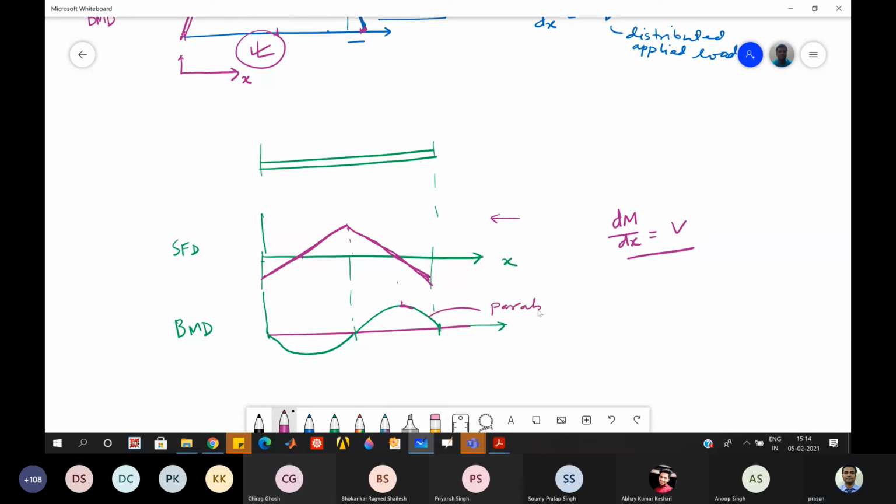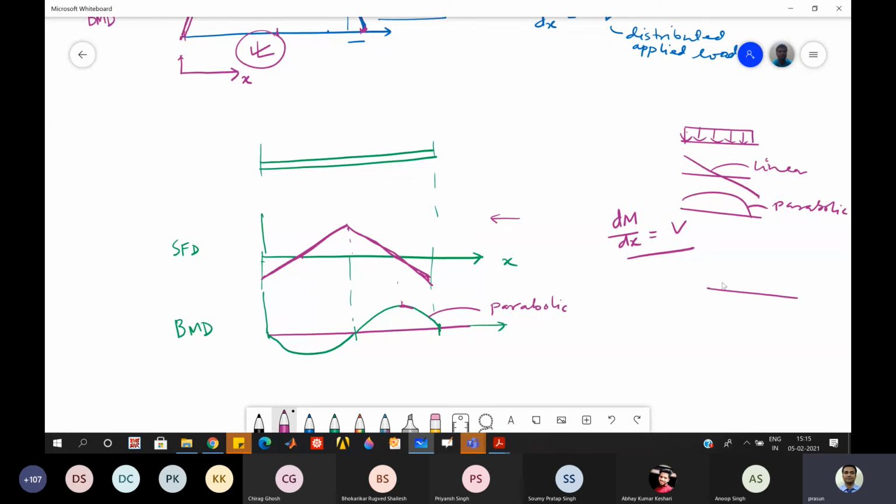Okay. So it can be a cubic variation also. Then we have, for a uniformly distributed load, the shear force diagram is linear and your bending moment diagram is parabolic. So this is a linear straight line and this is parabolic.